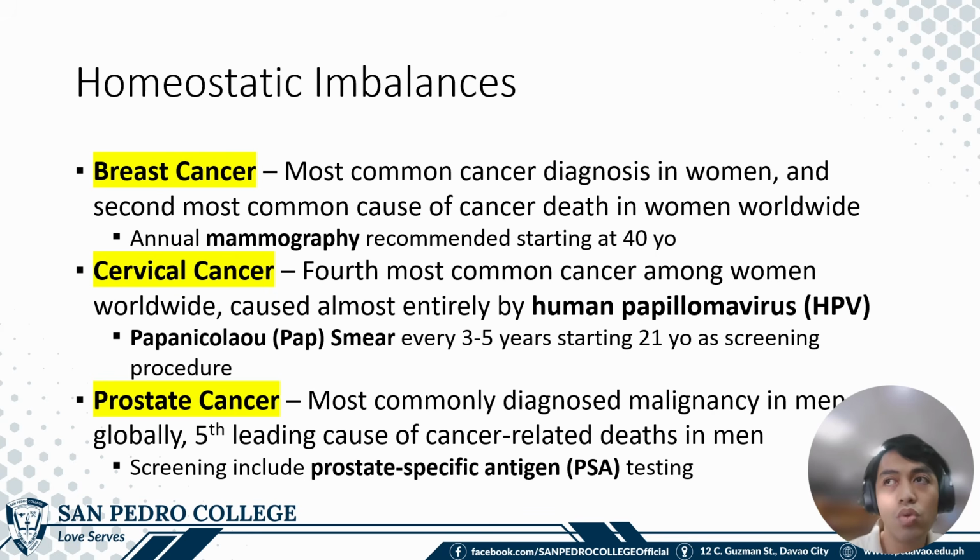So in order to detect the early development of this cancer, it is best to offer pap smear. Prostate cancer in male is one of the most commonly diagnosed cancers in males, and one way to detect this early is through PSA testing or prostate specific antigen testing.